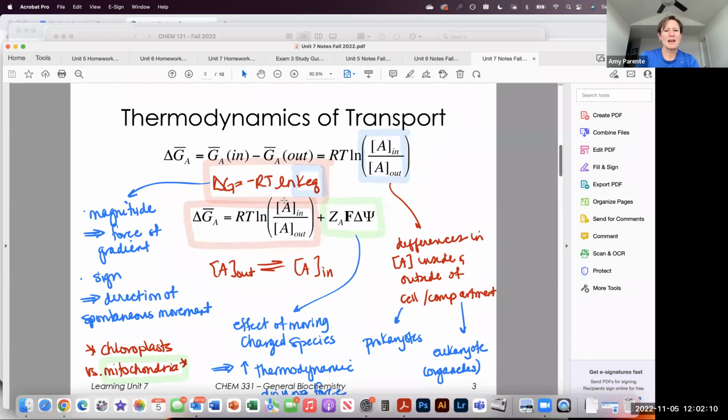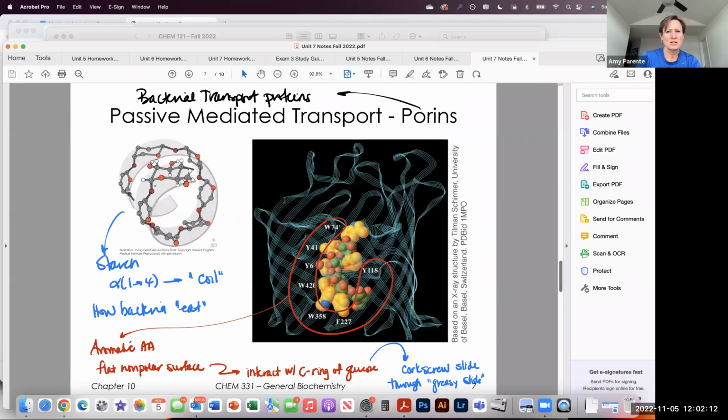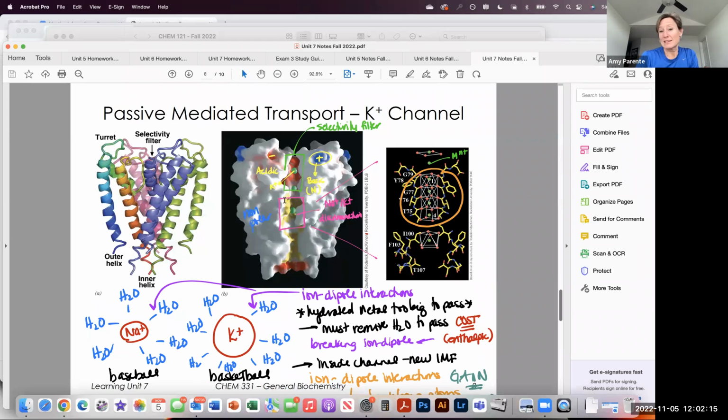So enthalpy compensation for the potassium channel. I do want you to know about this dynamic of, hey, how do you get a basketball through, but not a baseball? Okay. Don't talk about sports when you're explaining things to me, but use that to explain the analogy of, hey, when we talk about a hydrated potassium cation, it is bigger than a hydrated sodium ion.